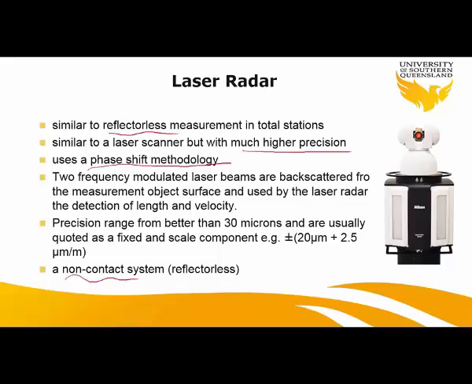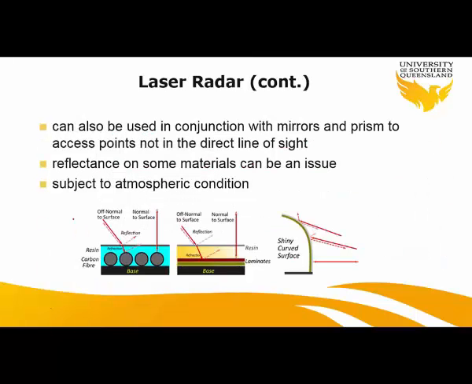And then once they come back, using the phase shift methodology, it can measure the distance, which can give you the precise range of better than 30 micron, or you can also express it as 20 micrometer plus 2.5 micrometer per meter. The good thing about laser radar is it can also use a mirror or targets, mirror or prism, where you don't have access or you don't have direct line of sight.